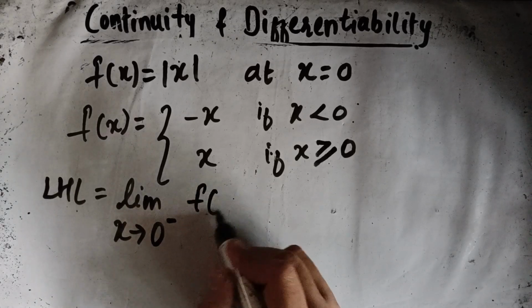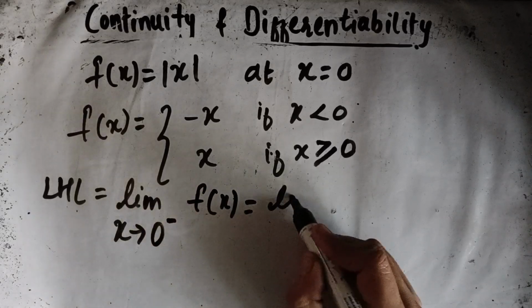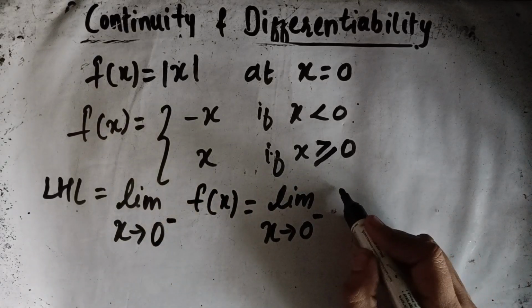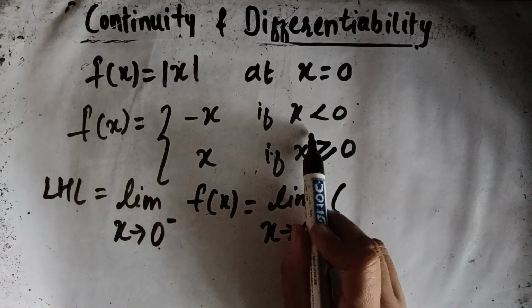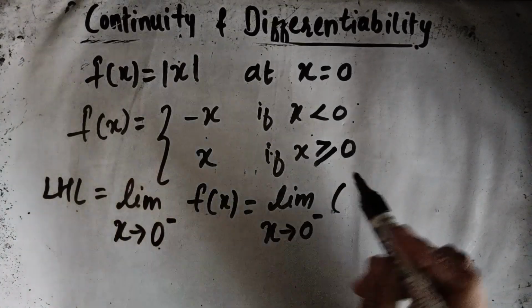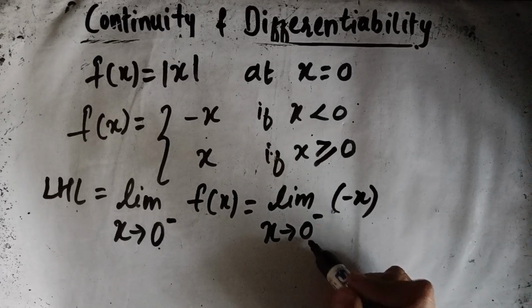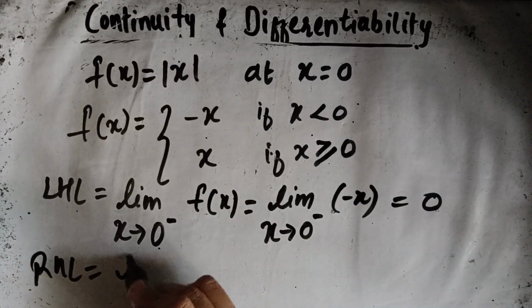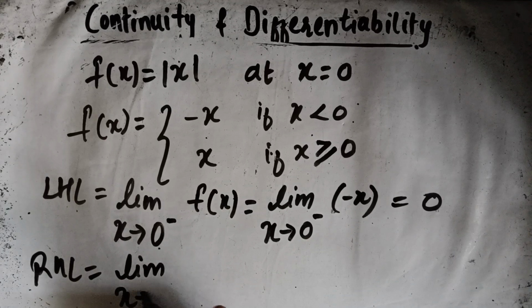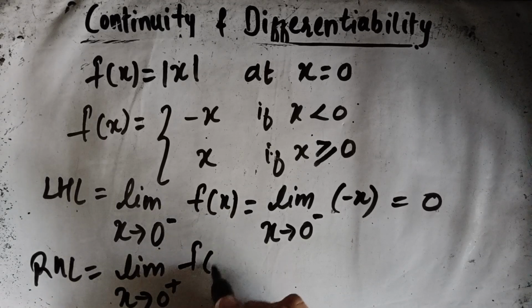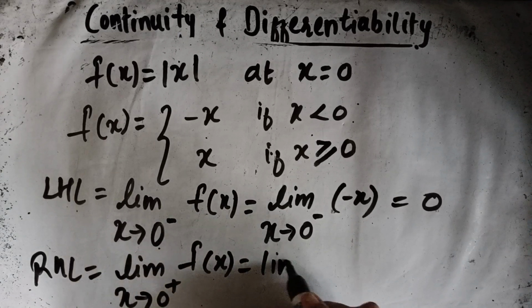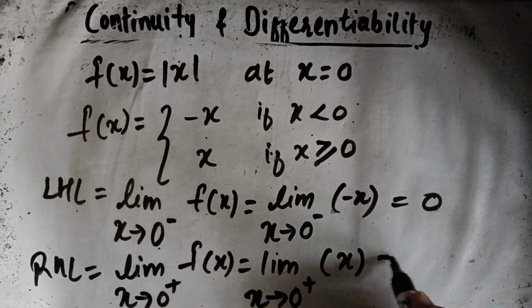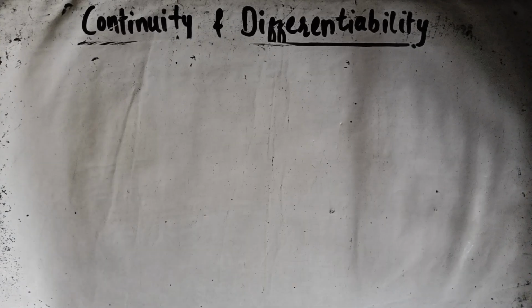For the left hand side the value is minus x, and at 0 it will be 0. For RHL, 0 plus, it is x, which is 0.